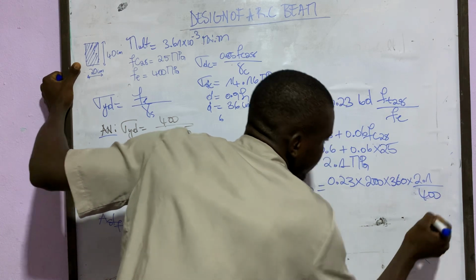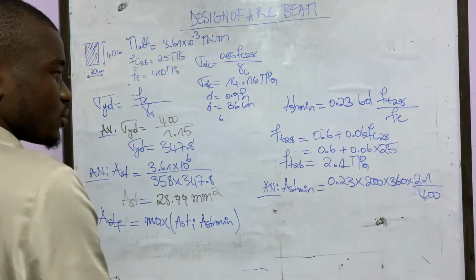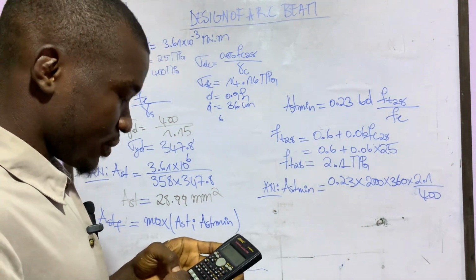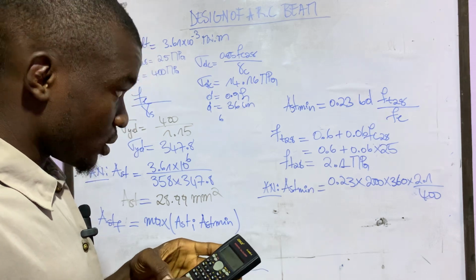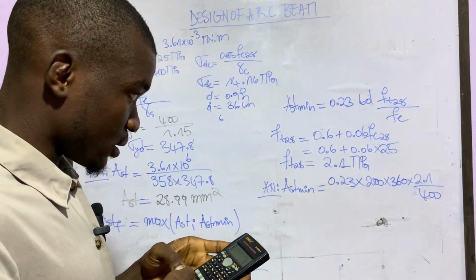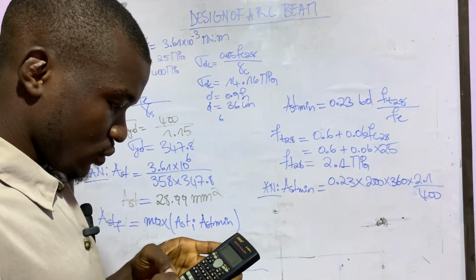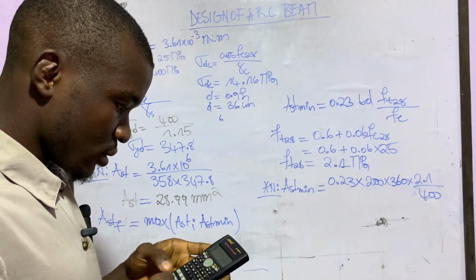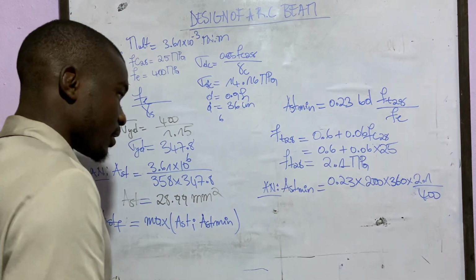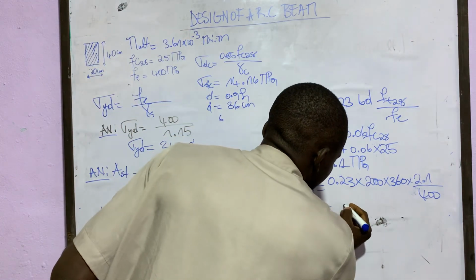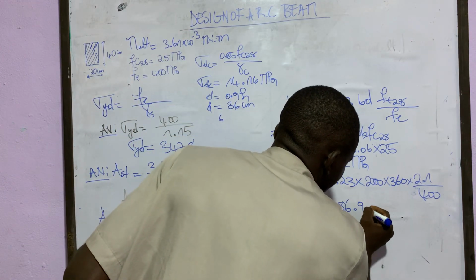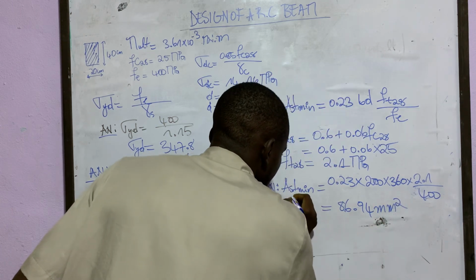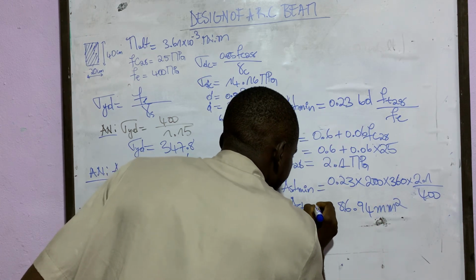So we have 0.23 times 200 times 360 times 2.1 divided by 400, 86.94 millimeter square. This is AST mean.